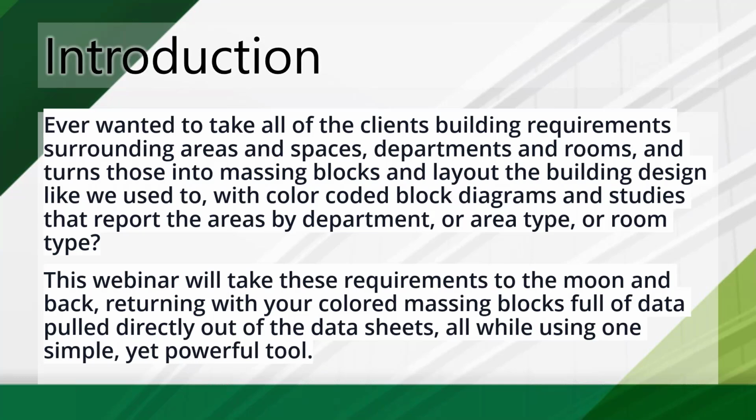And then there's the data entry aspect. You know, I need the room type and the name and the area or proposed area, for example, and maybe there's a number of rooms, and there's all this extra information that goes along with it. And right now, to get that into your Revit files, if you're not using an app like Spreadsheet Link, that's a lot of manual data entry.